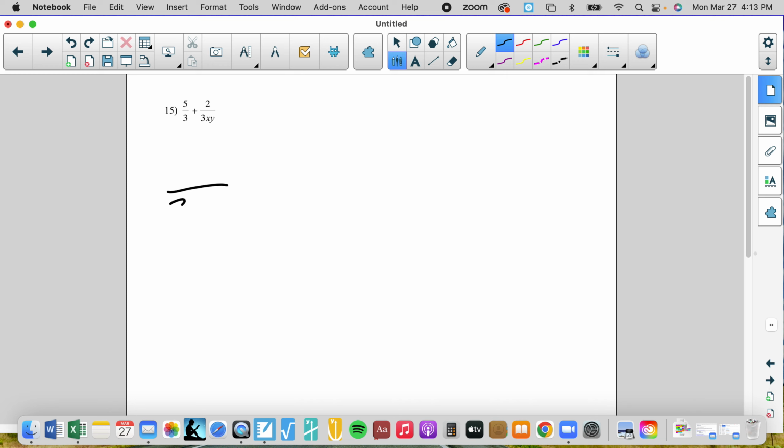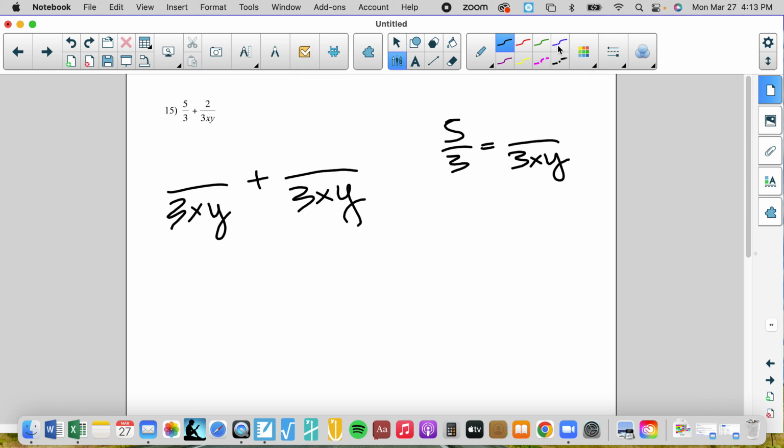3xy is going to be my LCM. Let's do equivalencies. What am I multiplying 3 by to get 3xy? I'm multiplying by xy. So we get 5xy.